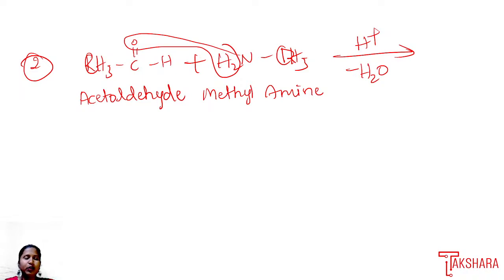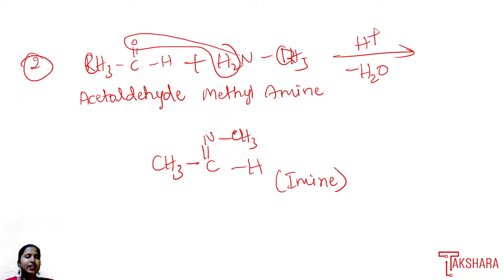Minus water, and the product we get is CH3C double bond N CH3 and H, which is called an imine. So this way, when aldehydes and ketones undergo the reaction with primary amines, imines are formed as products.